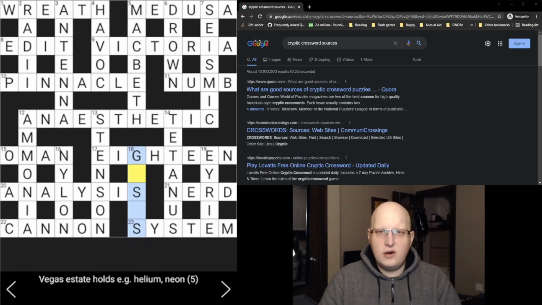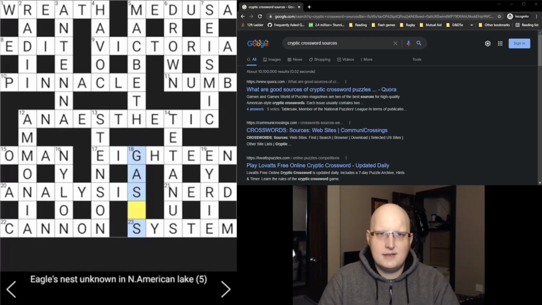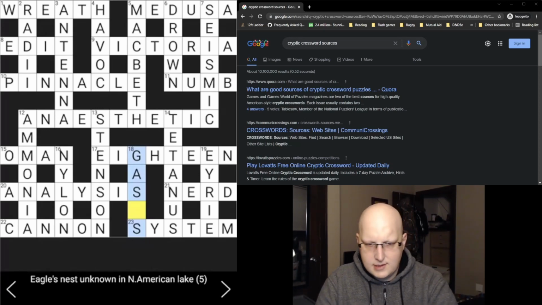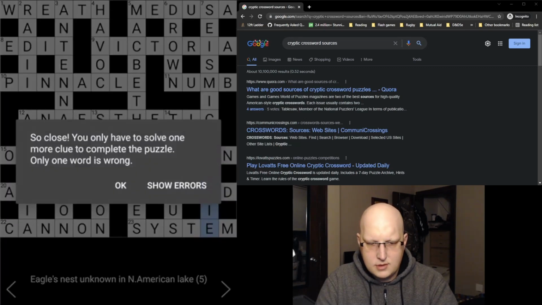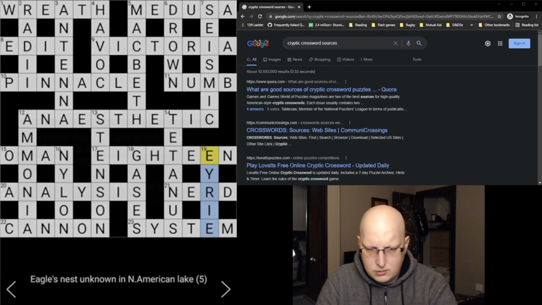So the words Vegas estate in the middle of them have G-A-S-E-S, which spells gases, which does not quite complete the crossword, which means I have a mistake somewhere. So let's check and see where the errors are. Let's see if it's going to show... Oh, show errors. Click the wrong thing.